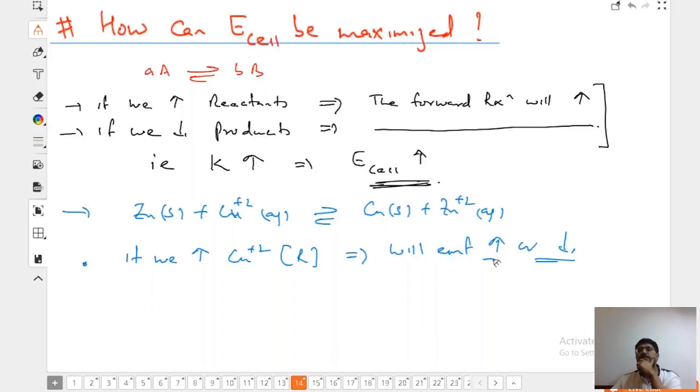I want an answer from you. You will either write increase or decrease. The answer is increase. Why? The reaction will move in the forward direction. Dikshant, you didn't understand? Shall I repeat? Everyone clear? Now, please be careful. If we increase... Pradeep, you want me to repeat it?